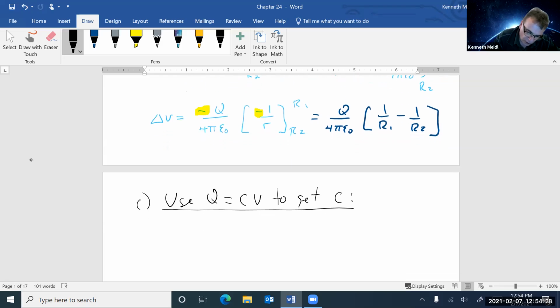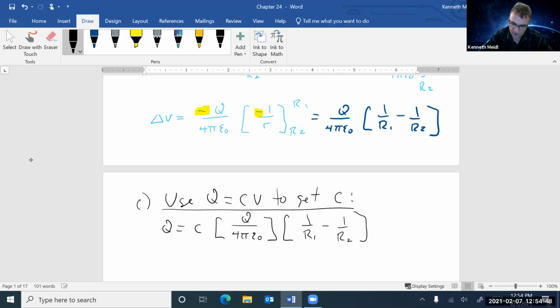And so Q equals C times V, where your voltage difference looks like Q all over 4 pi epsilon 0, and then I've got this 1 over R1 minus 1 over R2.